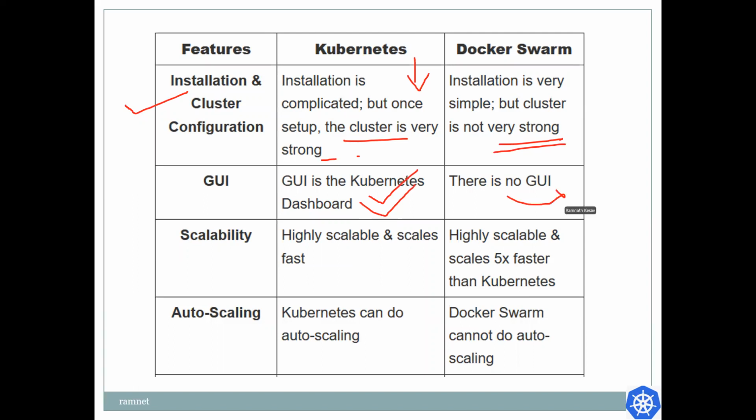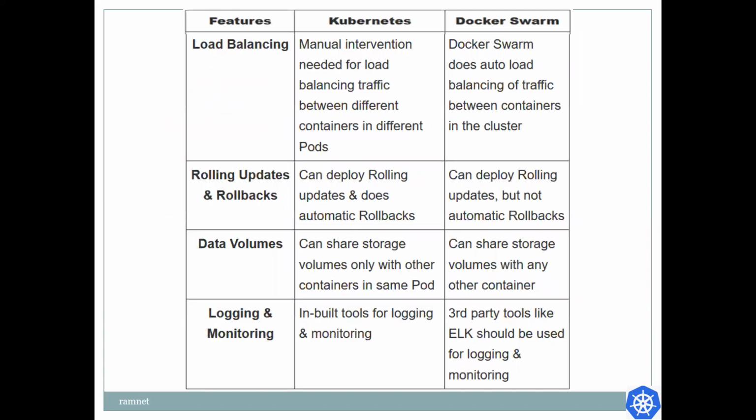Scalability: Kubernetes is highly scalable and scales very fast, while Docker Swarm scales five-fold faster than Kubernetes, you can say. And Kubernetes can do auto scaling. Docker Swarm cannot do auto scaling as such. That's the comparison, and we can go to the next slide.